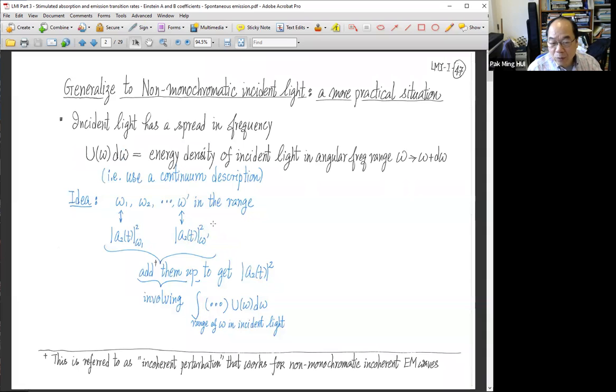Now, what is the idea? The idea is that we are going to consider a distribution. So I have a light source that I brought, and then my atom has a particular omega 2,1 that is E1 minus E2 divided by h bar. Now I buy a laser that goes like something like this.